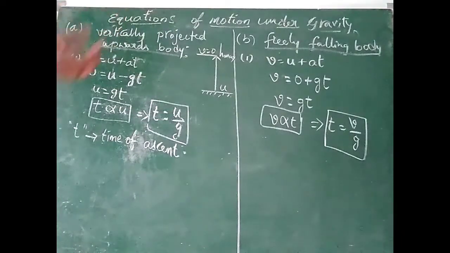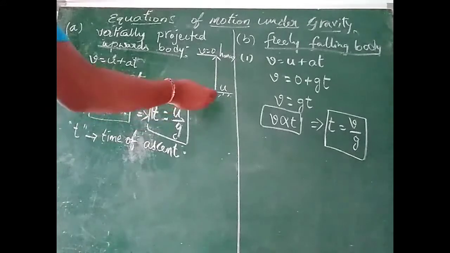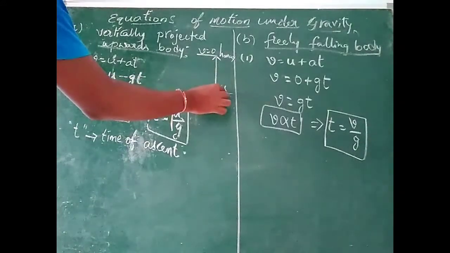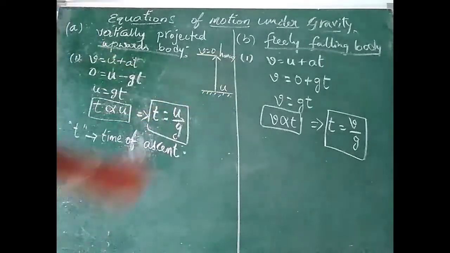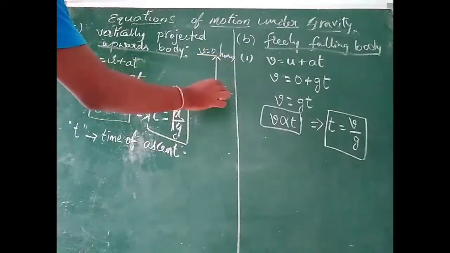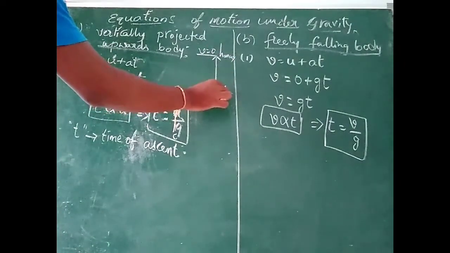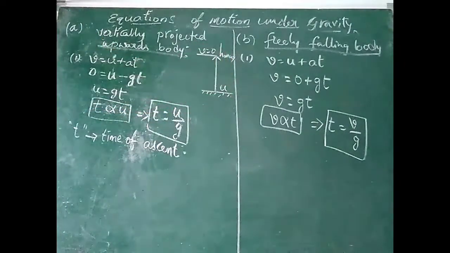Okay, now next, from the ground, the body starts traveling and reaches the maximum height. So whenever the body travels from its initial position to reach the maximum height, it is traveling with a certain velocity u.